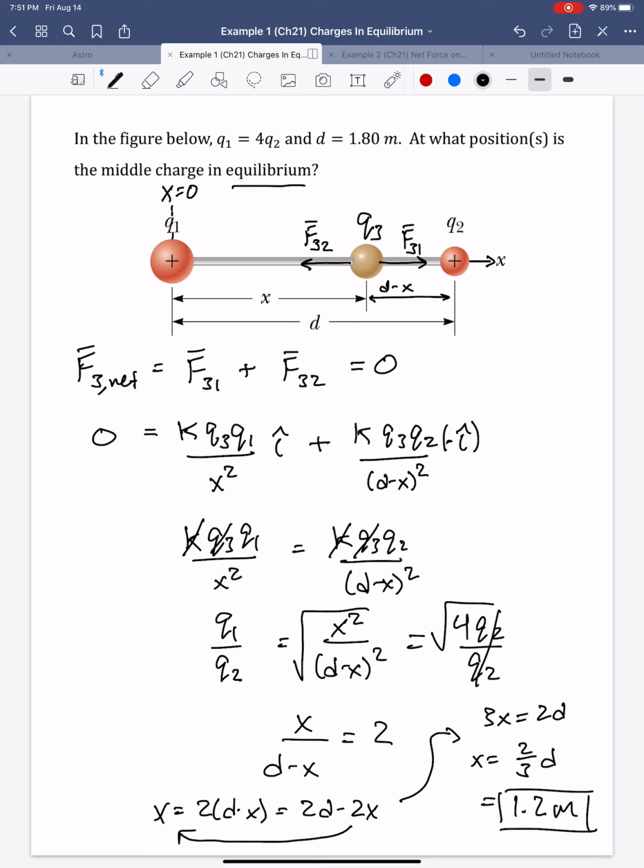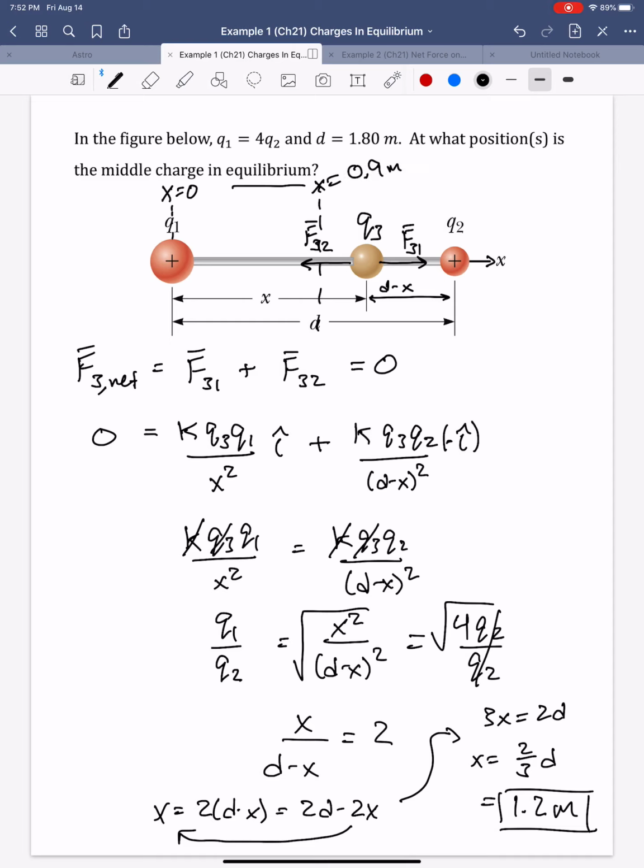Now that we have a final value for our problem, it's worthwhile to see if that actually makes sense. 1.2 meters as measured from the left side, as measured from Q1. Is that halfway, or is it greater than halfway? Halfway would be half of 1.8, which is 0.9 meters.